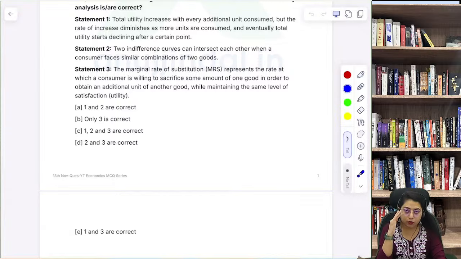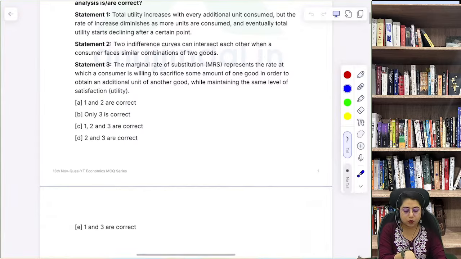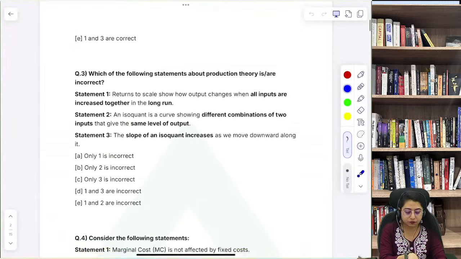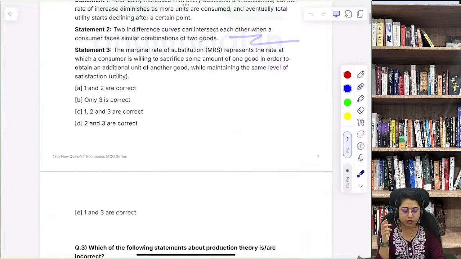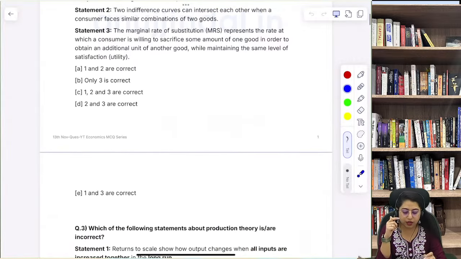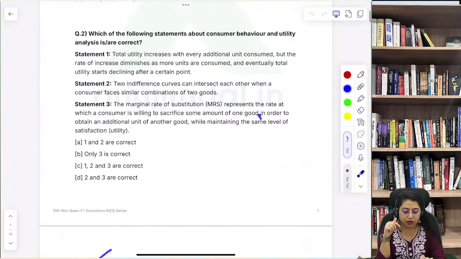Marginal utility और total utility का एक question आया था. In that also we have studied the same. Okay. The statement third is also right. This is wrong because indifference curves can never intersect with each other. So the right answer is E, whereby 1 and 3 are correct and 2 is incorrect.